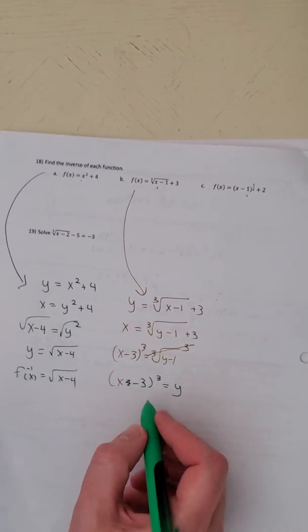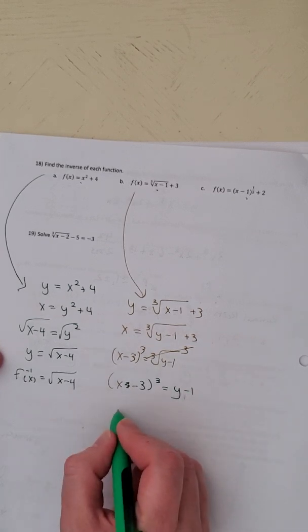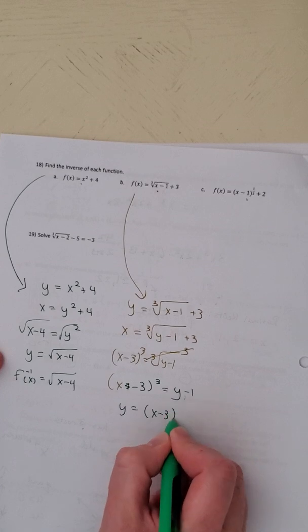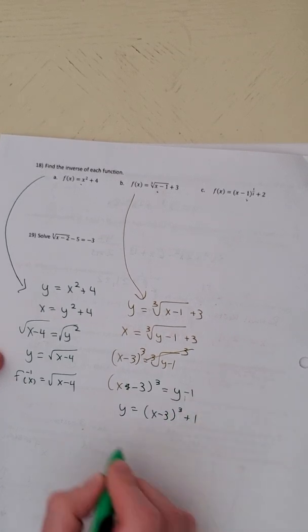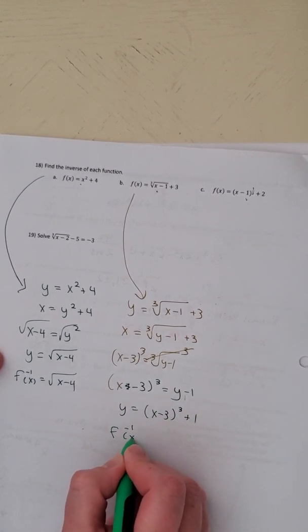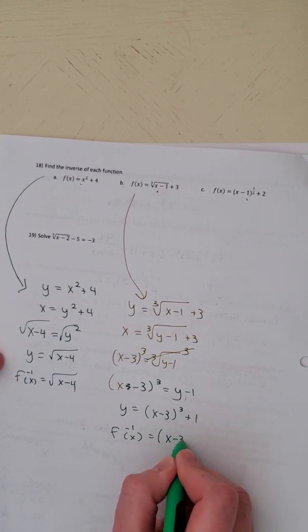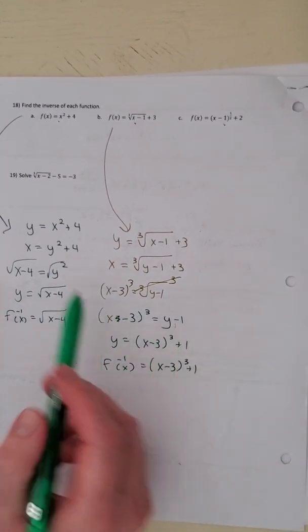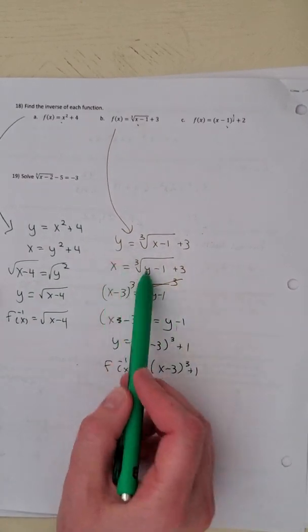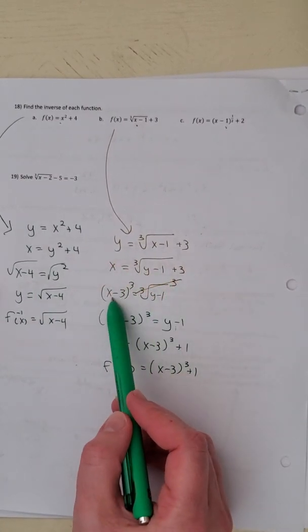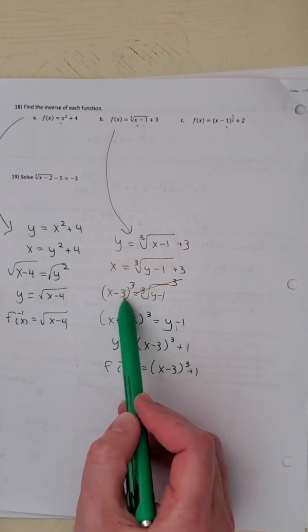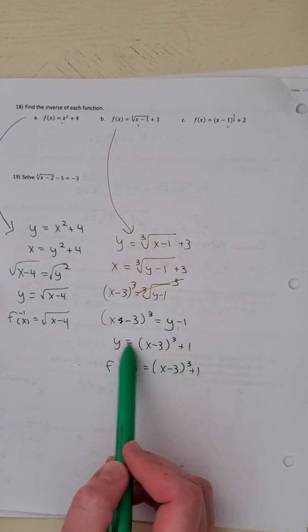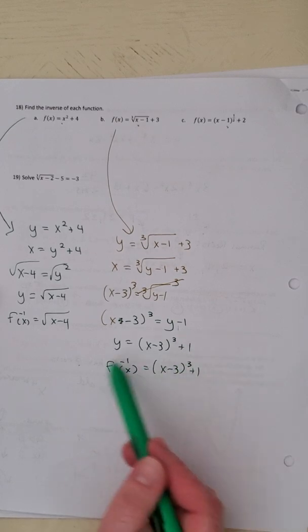And then add 1 to both sides. Rewrite it with function notation. All right, I'll walk through this one more time. I switched x with y, subtracted 3 from both sides, cubed both sides, that would undo my cube, added 1 to both sides, and then rewrote it.